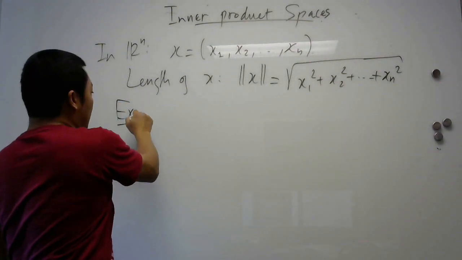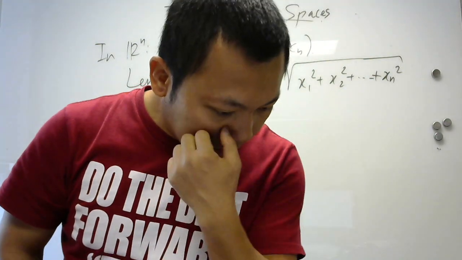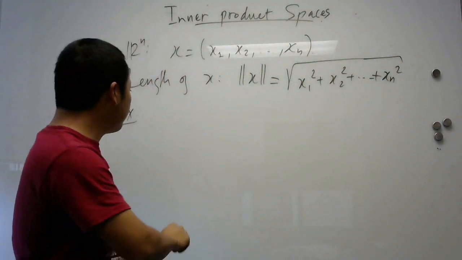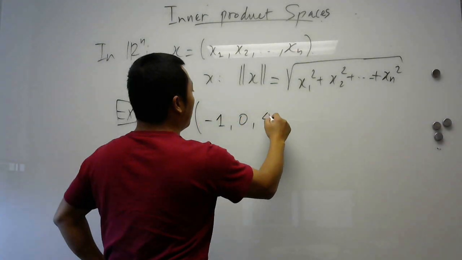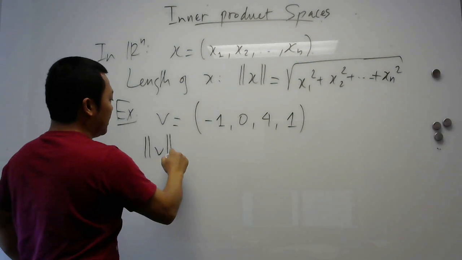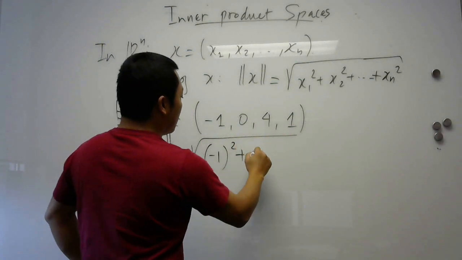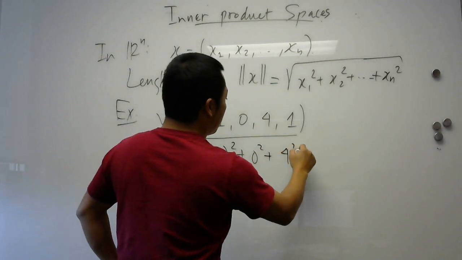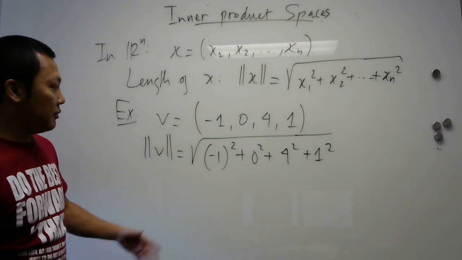Let's consider an example from the textbook. Let's say v equals (-1, 0, 4, 1). You can find the length of v, which is equal to the square root of (-1) squared plus 0 squared plus 4 squared plus 1 squared, right?